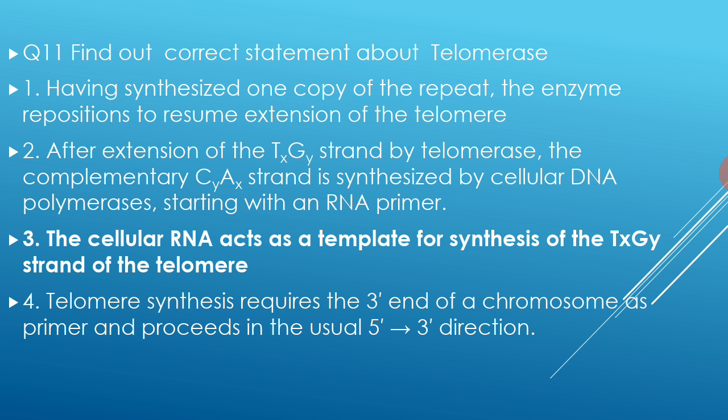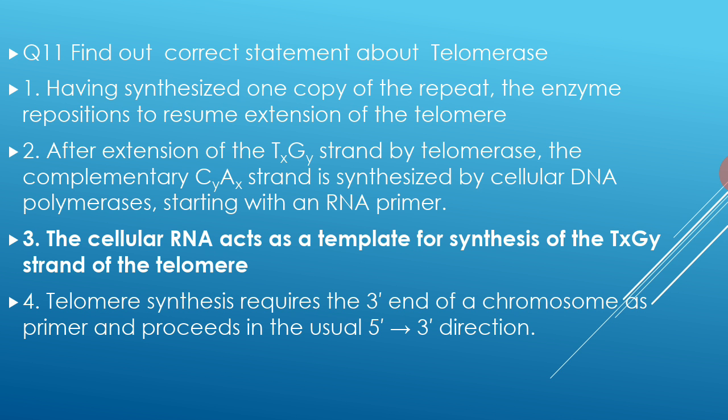Find out the correct statement about telomerase. Having synthesized one copy of the repeat, the enzyme repositions to resume extension of the telomere. After extension of the TG strand by telomerase, the complementary CA strand is synthesized by cellular DNA polymerase starting with an RNA primer.